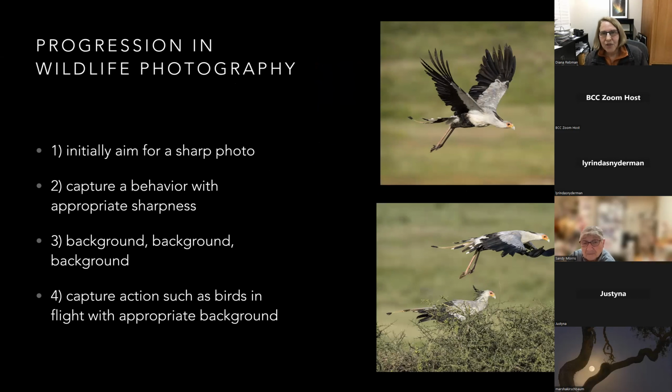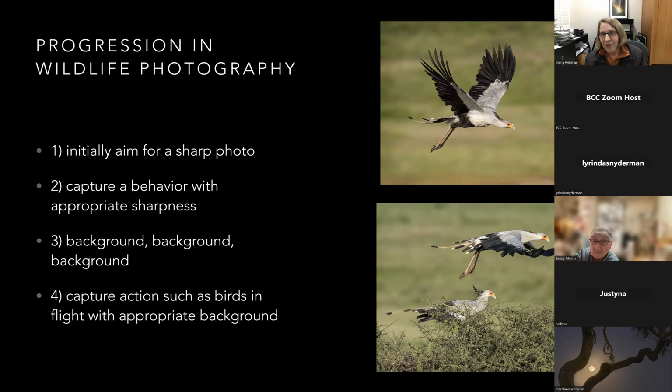Once you're able to, you start concentrating on your backgrounds. Now you're looking for, let me get the action, but let me get the action in front of the correct background. So you position your vehicle or you position yourself in such a way to try and get the very best background. So these are secretary birds taken in Tanzania.